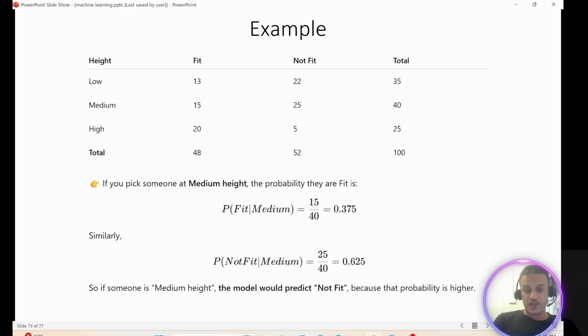So if someone is medium height, the model would predict not fit because that probability is higher. So we calculate the probability of fit and not fit, and whichever has the higher probability, the model will predict. The model will give you either fit or not fit. If the probability is over 0.5, that means it is not fit, and if it's below 0.5, that means it is fit.